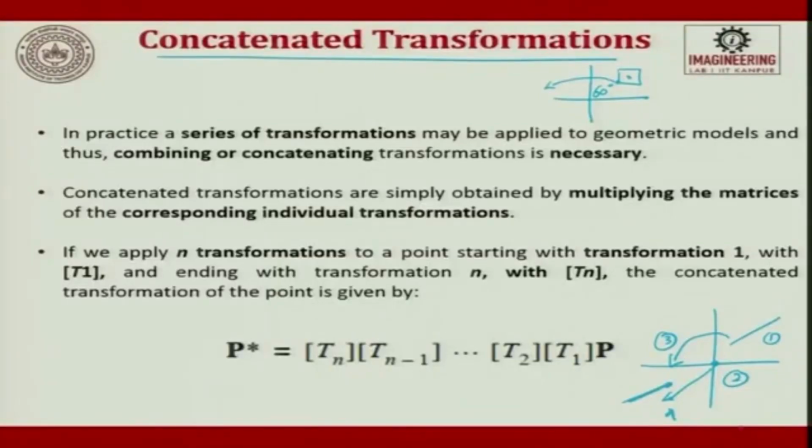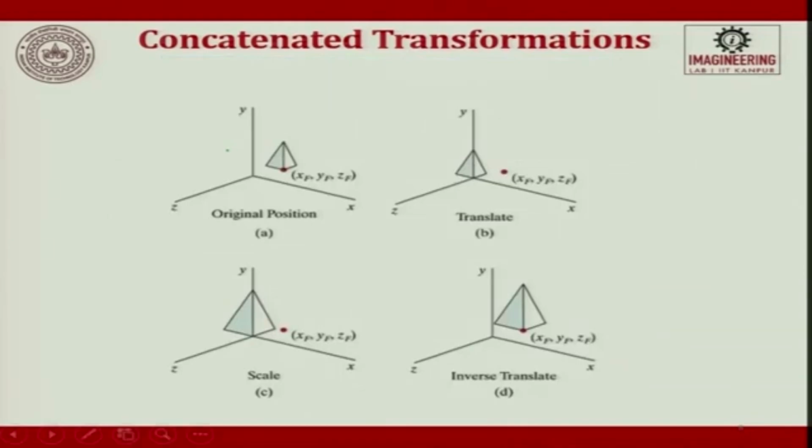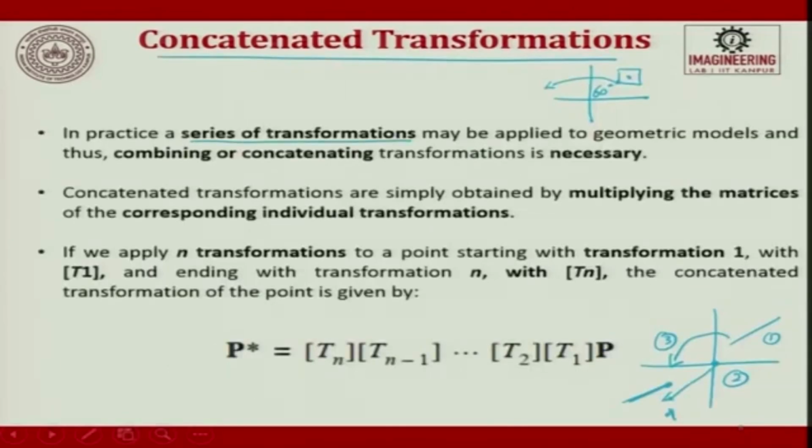Any moving object with several links, where transformations have to happen to get the final coordinates, we use this concatenation. In practice, a series of transformations is applied to a geometric model, and thus combining or concatenating transformations is necessary. That is why it is called concatenation.